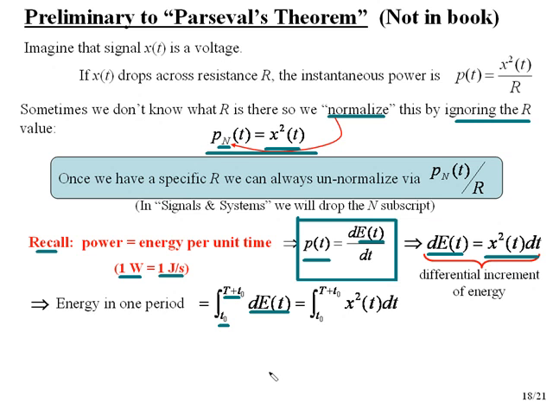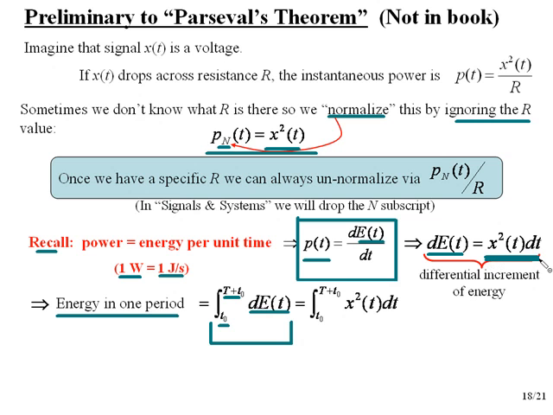Those are the small differential increments of energy. And by increment, it could be increment or decrement, depending on whether it's positive or negative. So this quantity here, we're just writing out to show what we're really doing. That is a statement that it's the energy in one period of this periodic signal.